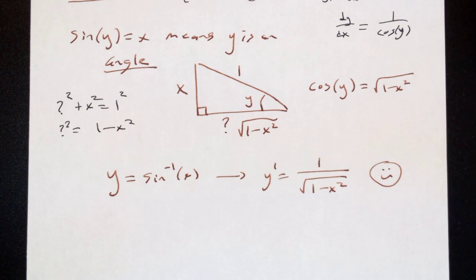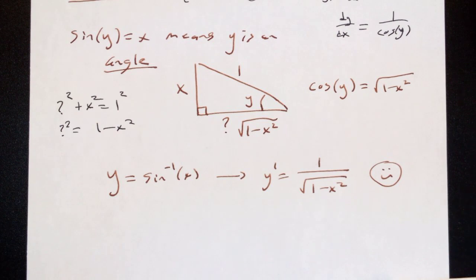And if I can do it for sine inverse, I can do it for cosine inverse, tangent inverse, secant inverse, cosecant inverse, cotangent inverse. I can do all of these. Once again, I don't want you to memorize these. Memorizing these sucks. Rederiving them doesn't look like much fun either.